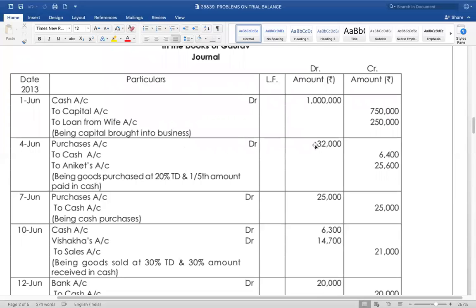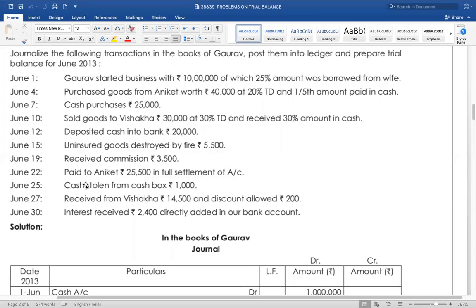Now, purchase account debit 32,000, debit to cash account 6,400 is paid in cash, and the remaining is due to Aniket, 25,600. Being goods purchased at 20% TD and 1/5 of amount paid in cash.